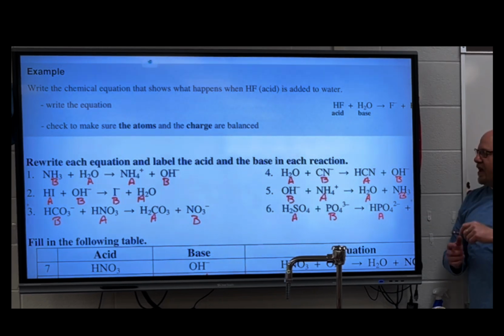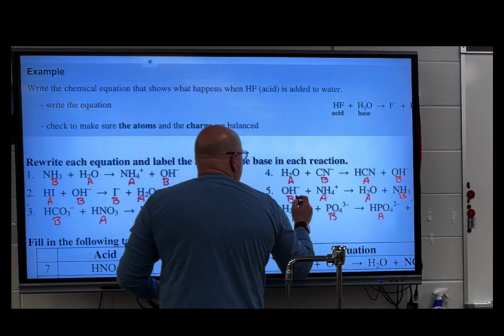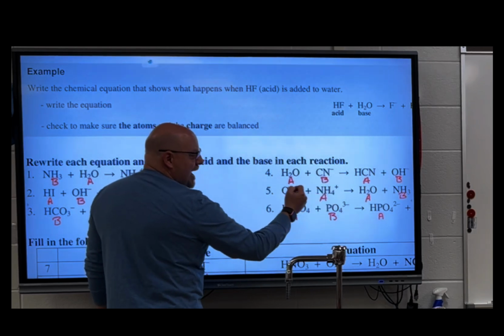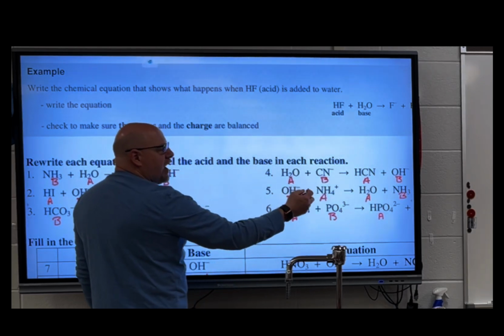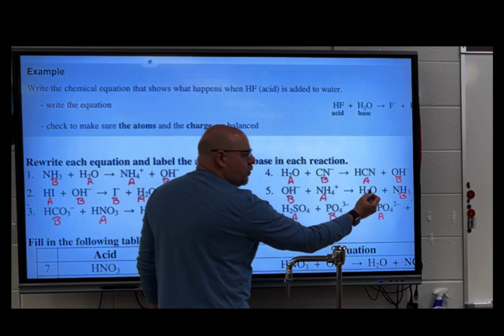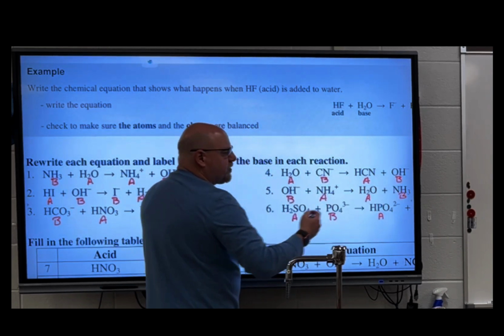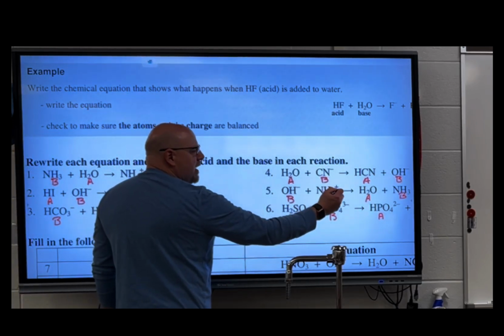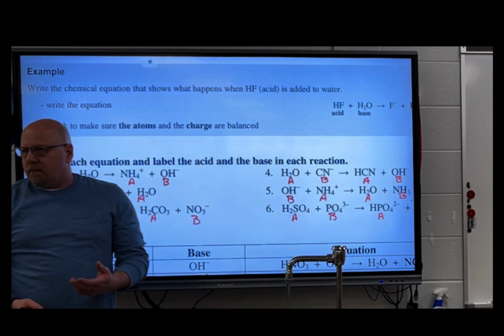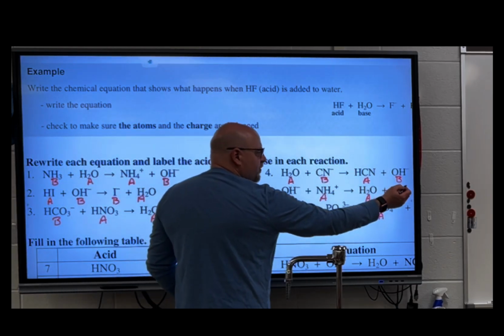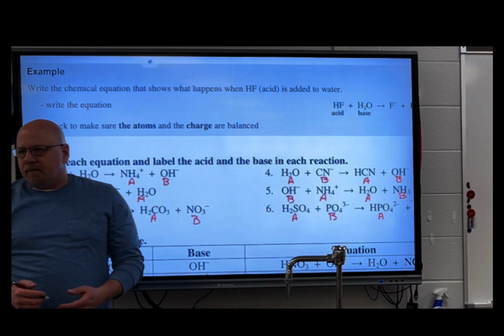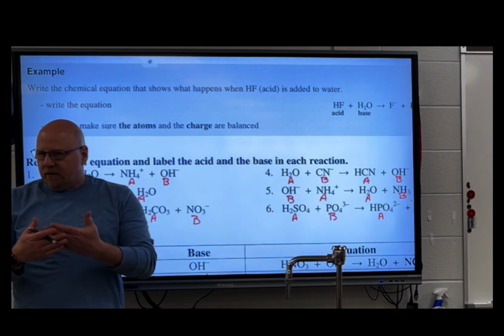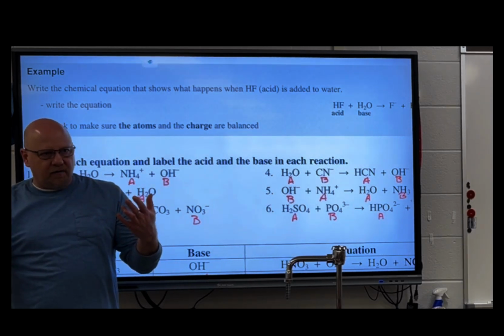The key is that the total charges on the reactant side have to be the same as the total charges on the product side. So if we add these up, +1 and -1, we get 0. Over here, 0 plus 0 is 0. So when you have your equations written out and balanced, they need to balance, equal on opposite sides.